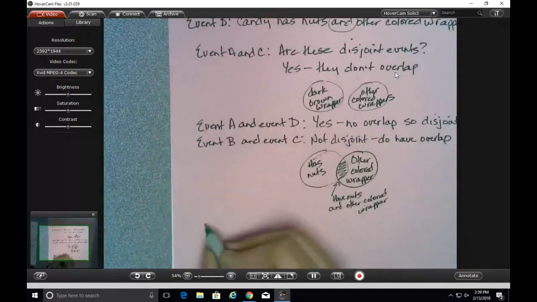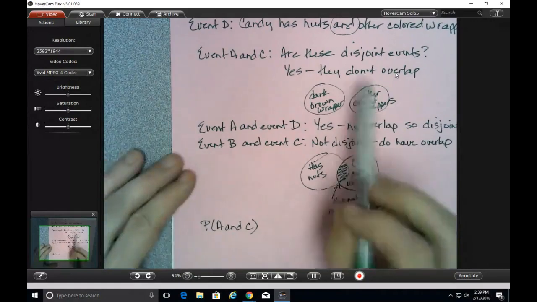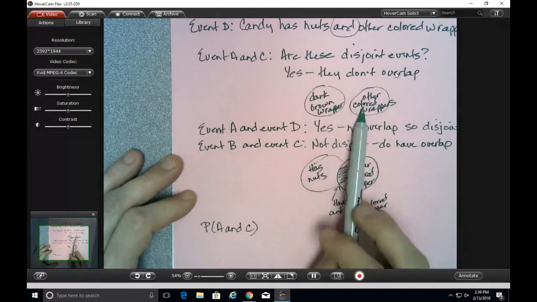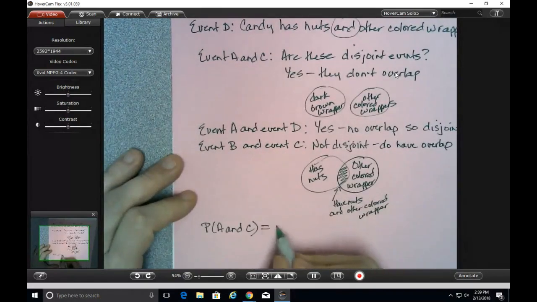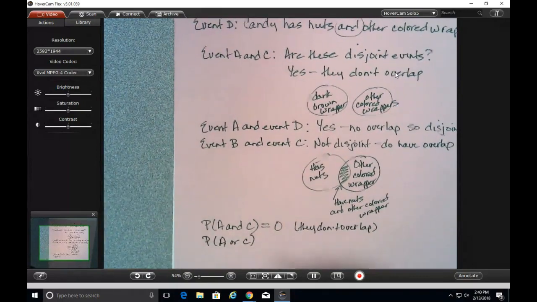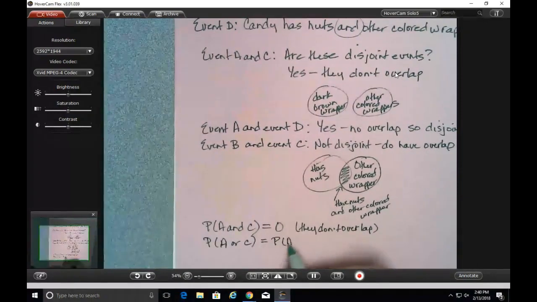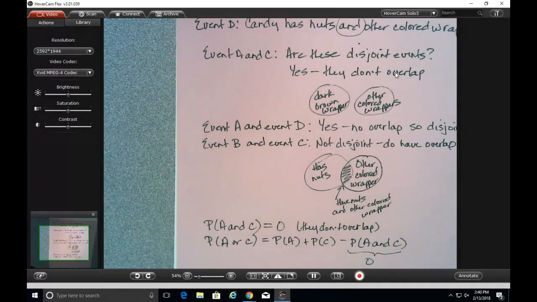If we were trying to do the probability of A and C, that would mean the probability that both of them happen at the same time. But we decided that they were disjoint, so they don't have any overlap. That means the probability of them both happening at the same time is 0. If we're trying to find the probability of A or C, since they don't overlap, that means if we do our addition rule, this part is 0 since there's no overlap, so we don't have to worry about that.